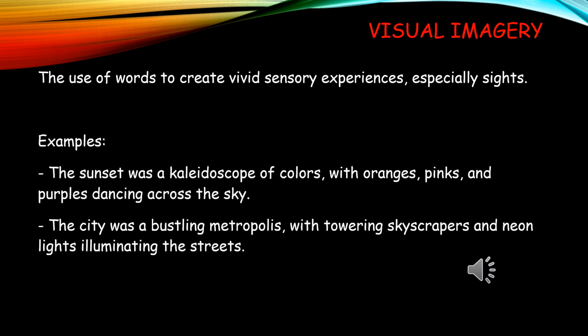Visual imagery is the use of words to create very clear sensory experiences, especially the sights. We can see through the eyes of the poet, and a clear-cut image forms before our eyes. Then it's called visual imagery. For example, the city was a bustling metropolis with towering skyscrapers and neon lights illuminating the streets.